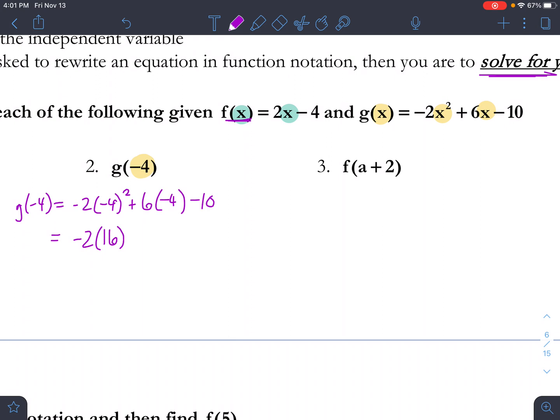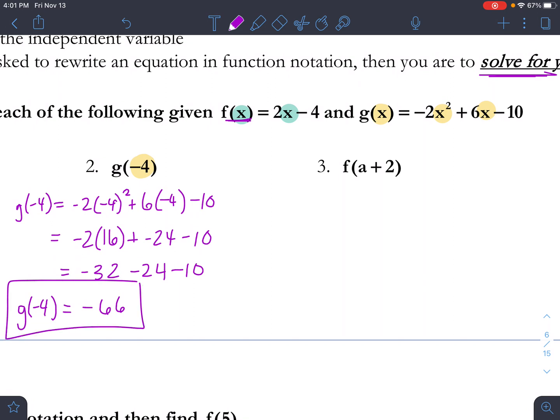So this would be positive 16 plus negative 24 minus 10. What do we got here? Negative 32 minus 24 minus 10 would give me negative 66. All right, so that would be g of negative 4 is negative 66.